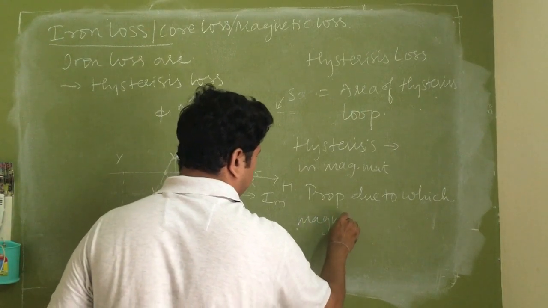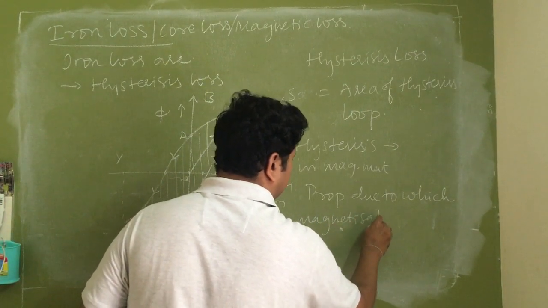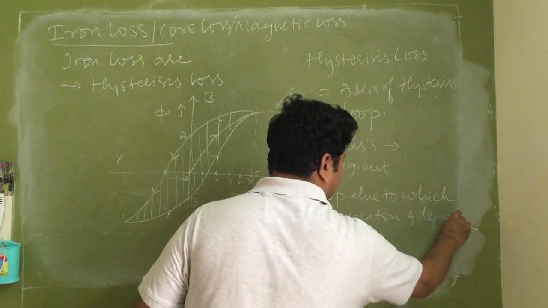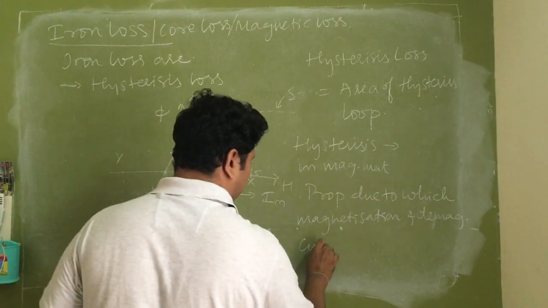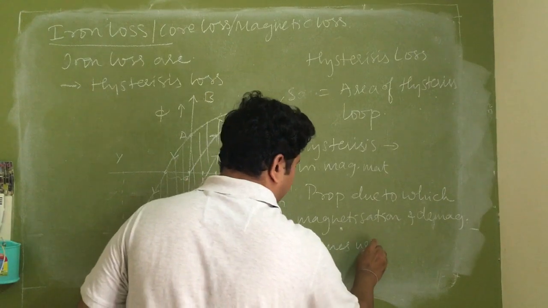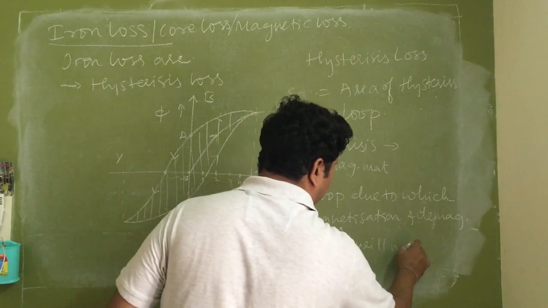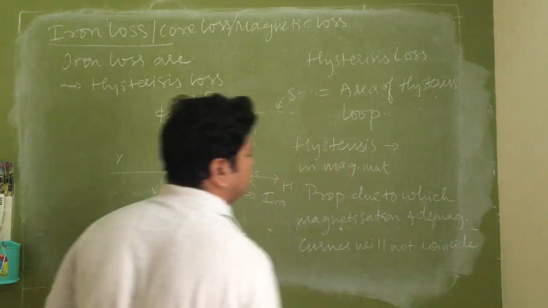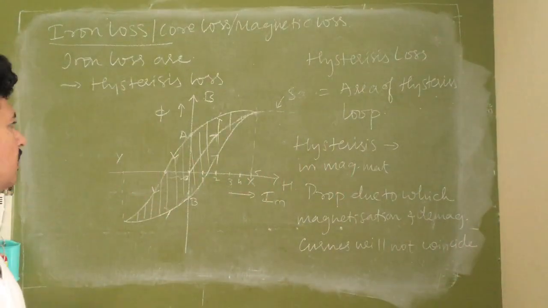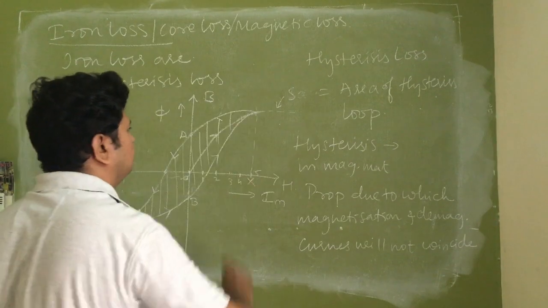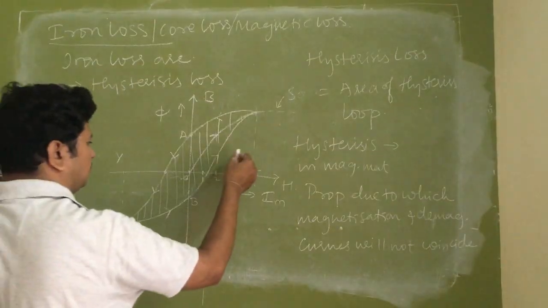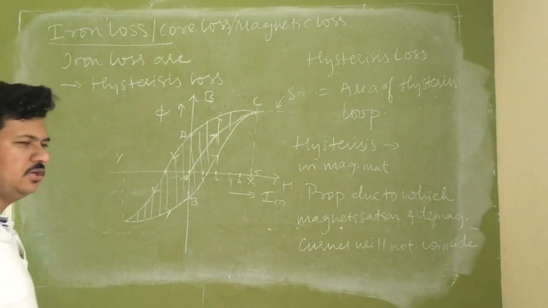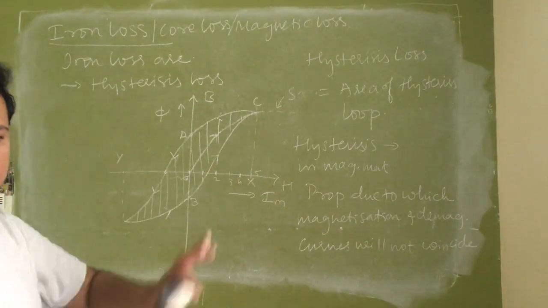The magnetization and demagnetization curves will not coincide. See, this is the magnetization curve. Let us take point C. OC is the magnetization curve, CA is the demagnetization curve.